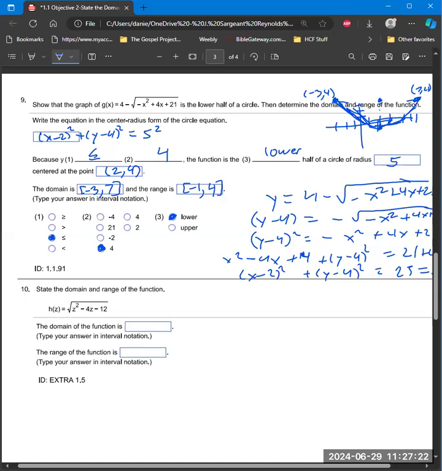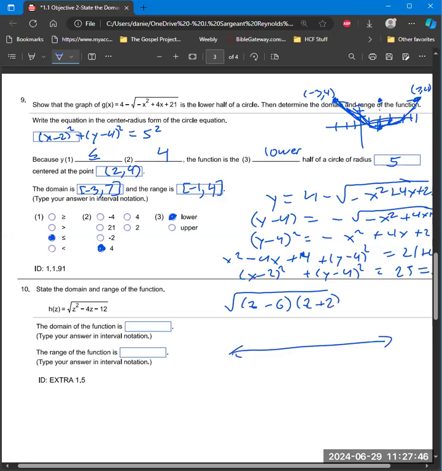All right, let's go ahead and state the domain and range of this function. H of z is equal to the square root of z squared minus 4z minus 12. So square root of z minus 6, z plus 2.